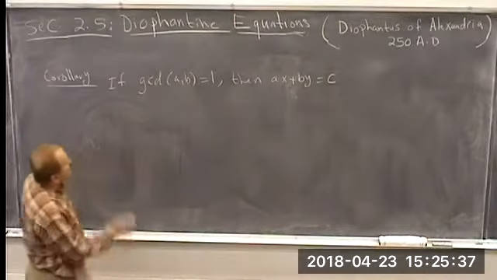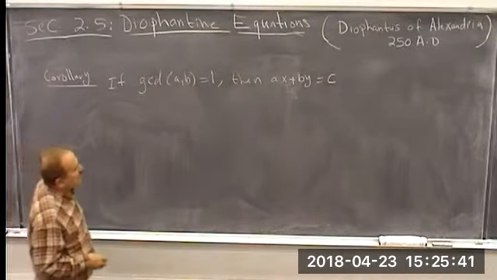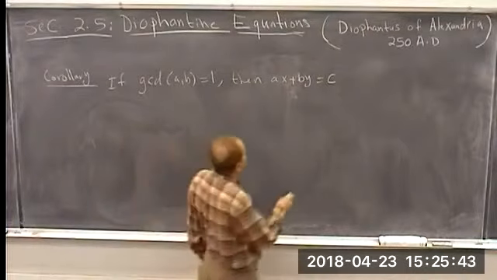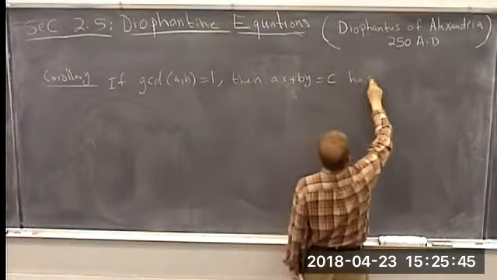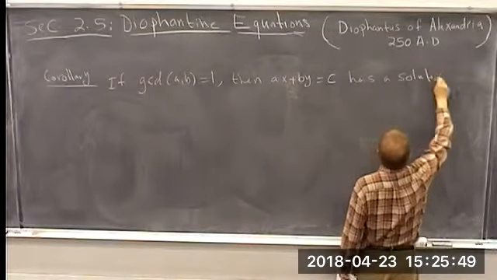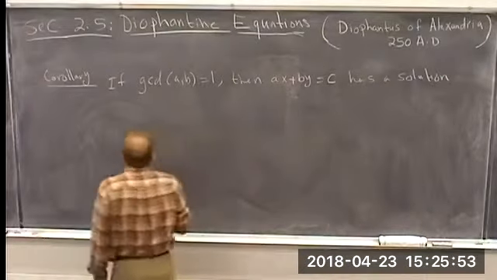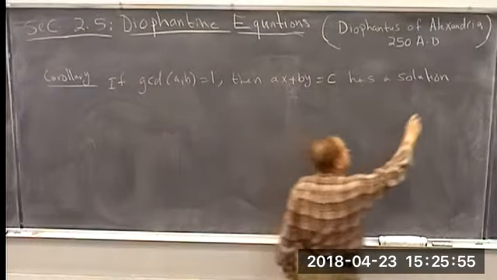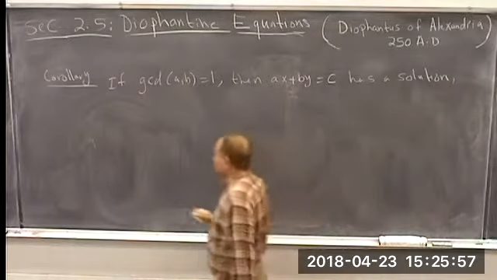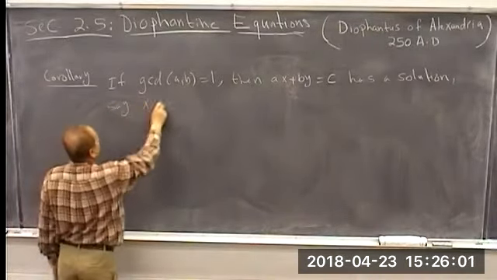All right, because the greatest common divisor is equal to 1, and of course 1 divides c. Let's say x sub 0, y sub 0 is a solution.